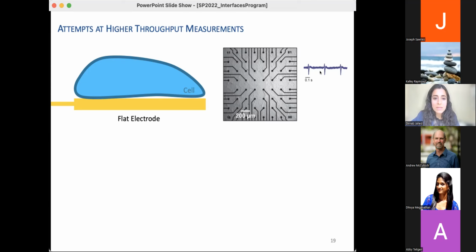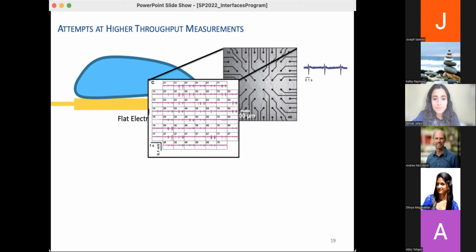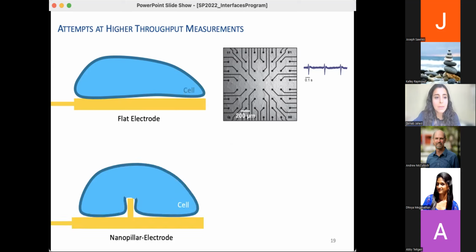And the signal you get is something like this. But the problem is this signal is actually coming from outside the cell. As you can see here, it doesn't show the true shape of the action potential. So it's much higher throughput, but it doesn't include the information that we need. But you can see how you can measure 60 channels or even more now with some newer microelectrode arrays. You can measure 60 channels simultaneously on a chip instead of doing one by one using patch clamp.